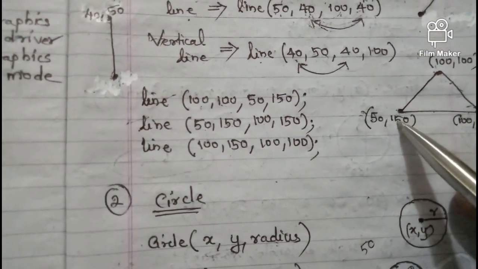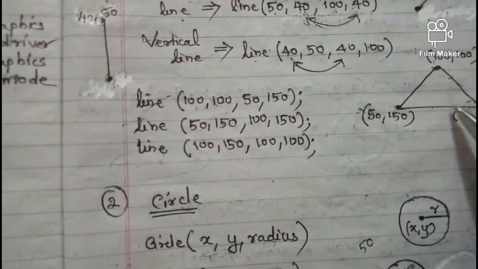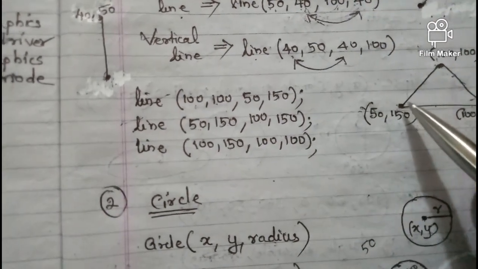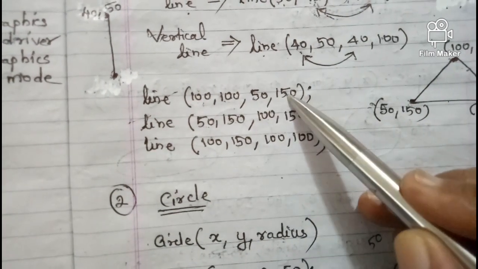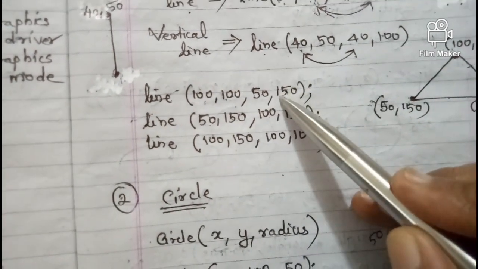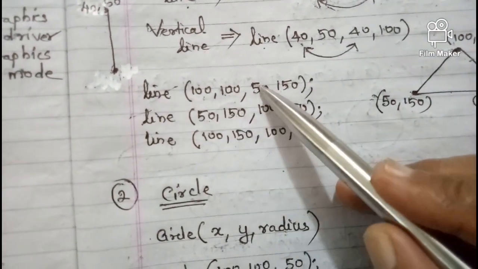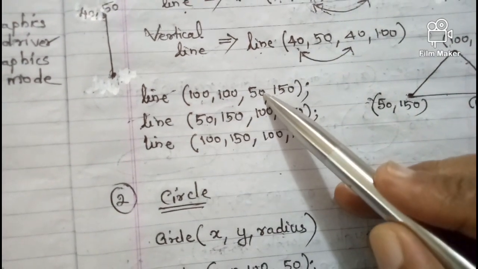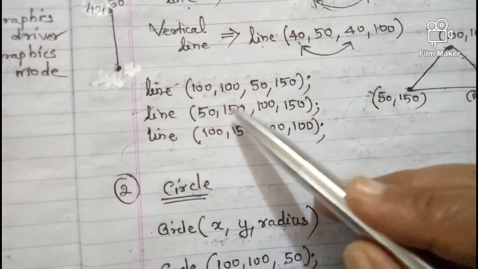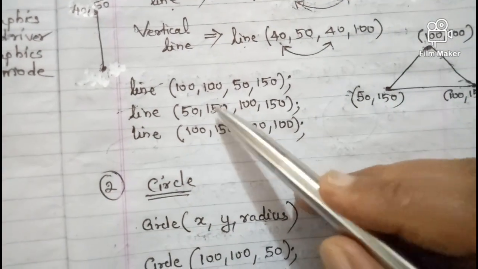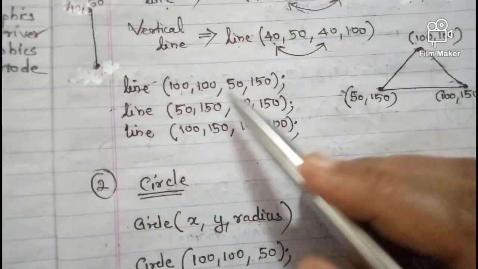Now how to get this point? I am going to draw the second line from the end of first line. So end of first line is 50, 150. From that point itself I am going to start the second line. So end point of first line and starting point of second line are same. So I got this point. From this point I am going to draw a horizontal line.